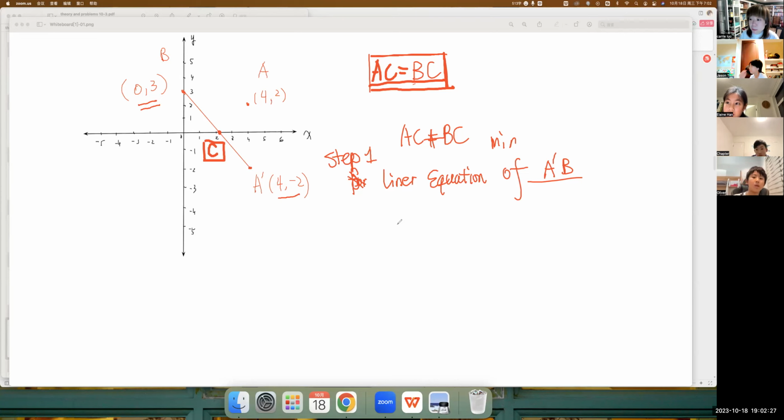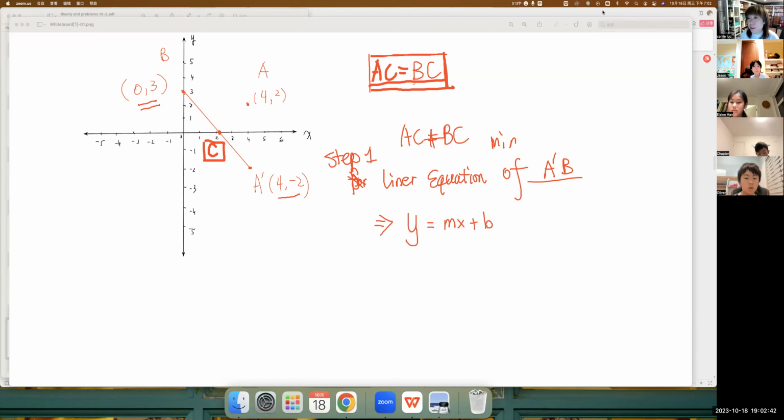Chapter, do you still remember the linear equation formula? Is it y equals mx plus b? Correct, that is the basic formula of a linear equation.